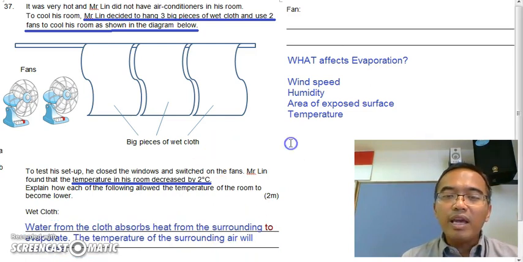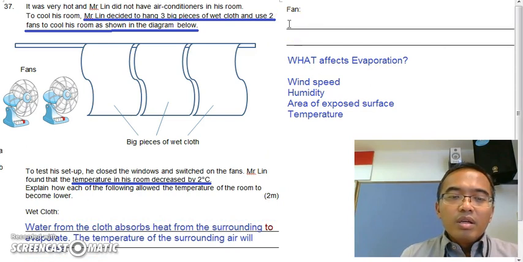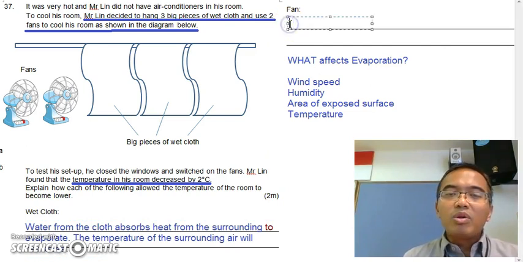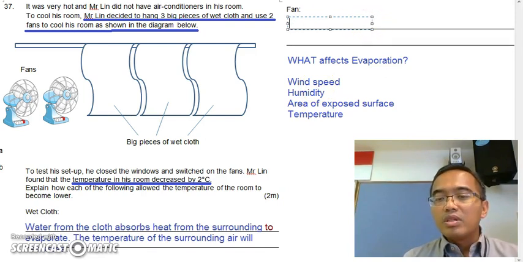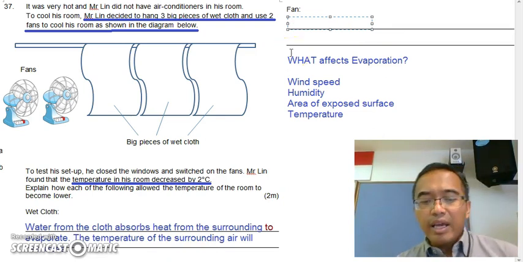Okay, next one. Fan. Explain how each of the following allowed the temperature of the room to become lower. What is the role of the fan?